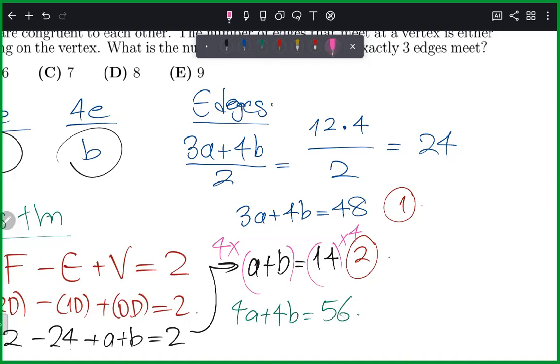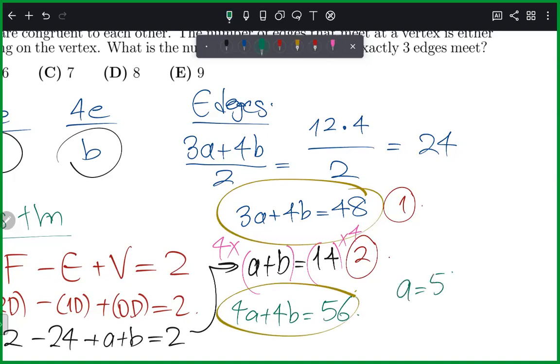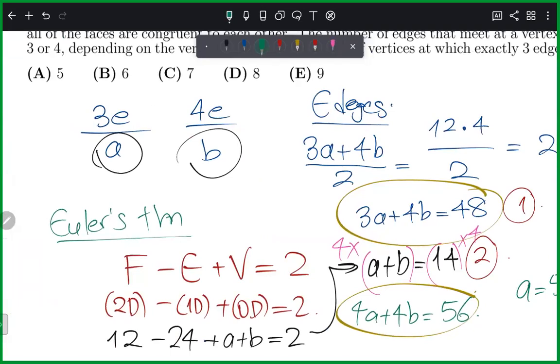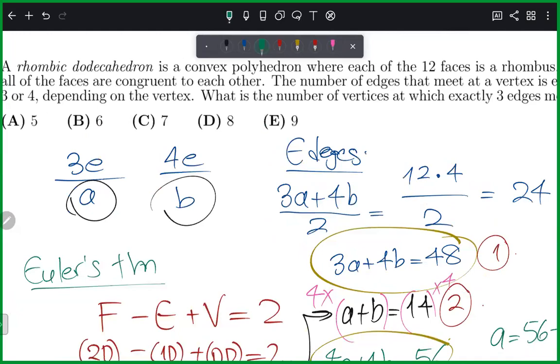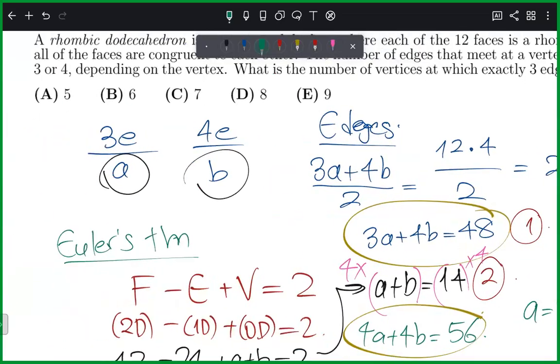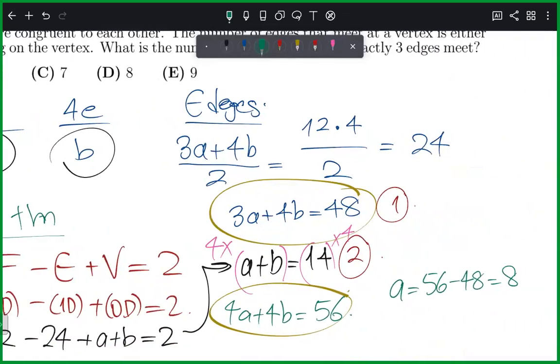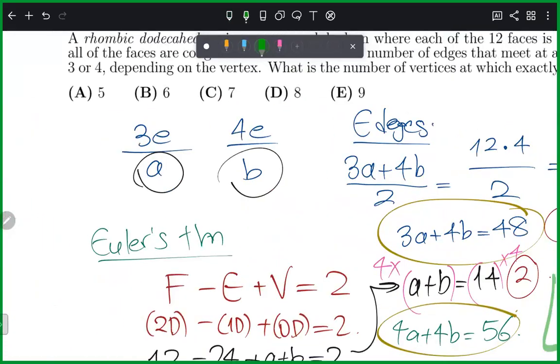I'm going to subtract the first equation from my last equation to obtain A equals 56 minus 48 equals 8. And A actually counts the number of vertices at which exactly 3 edges meet. So our answer is 8, which is D.